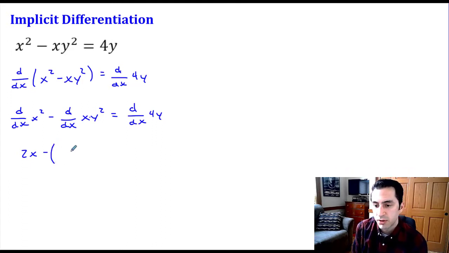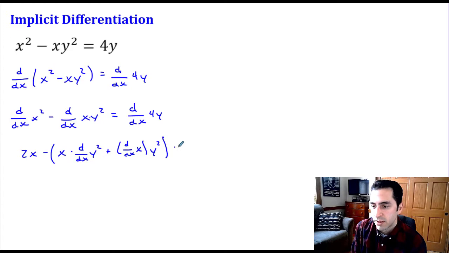With the product rule, we do the first times the derivative of the second: x times the derivative of y squared, plus the derivative of the first, d over dx of x, multiplied by the second piece, y squared. And on the other side, we still have d over dx of 4y.